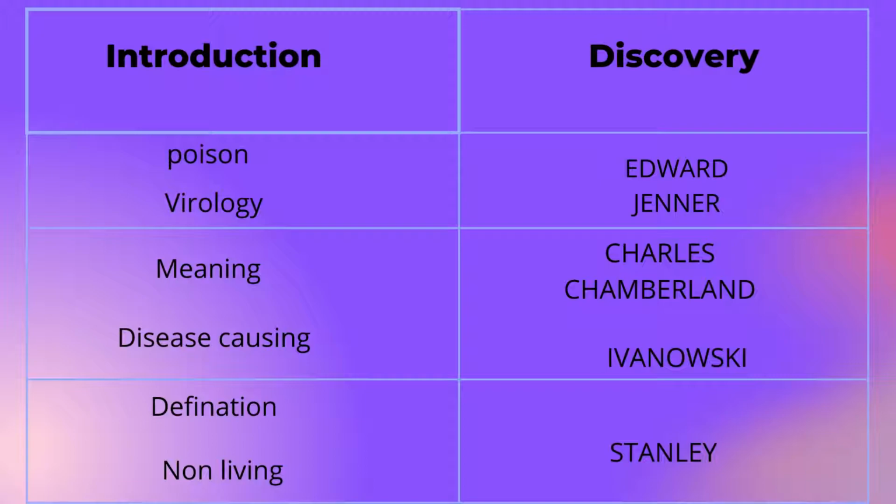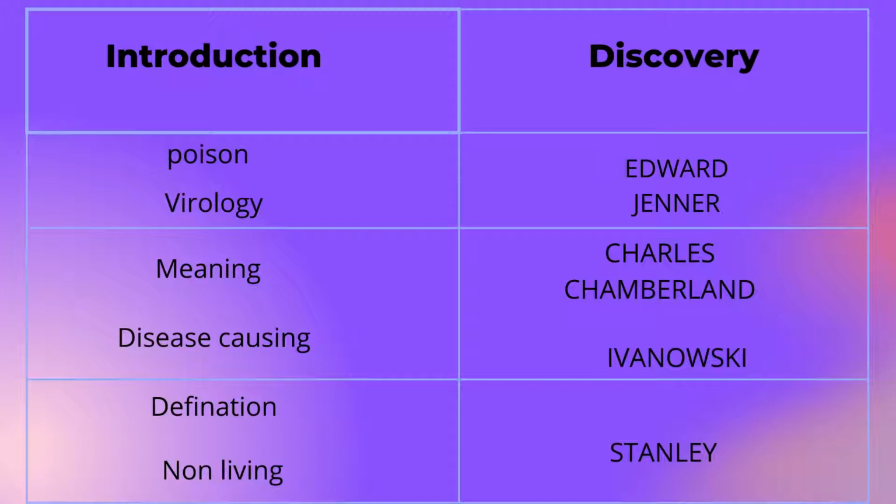Like in the introduction portion, we read that it was considered as a poison. The study of virus is called virology. It is derived from a Latin word. It is disease causing, its proper definition, and it is non-living. The next portion was discovery.